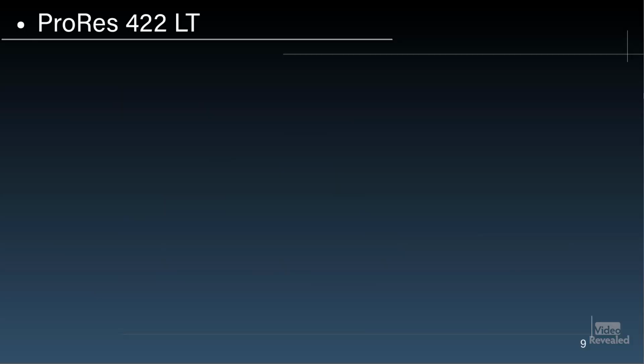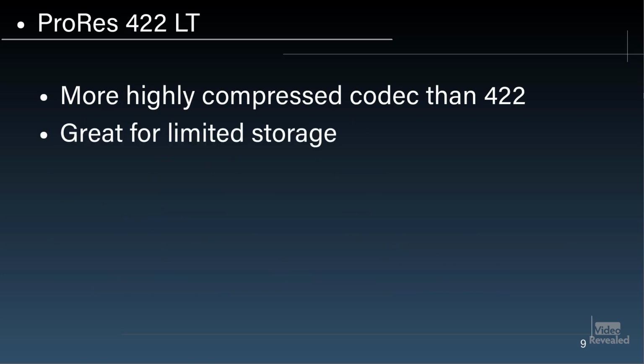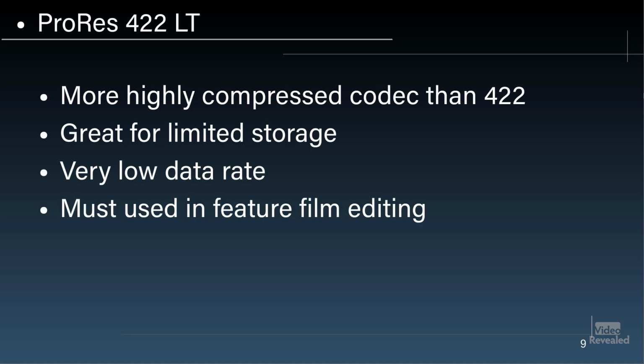That makes a huge difference. It increases the quality of my system. And actually, the Ninja can record RAW, not on the C100, but on tons of different cameras, QuickTime RAW. It's amazing. Now, let's look at ProRes 422 LT, which is more compressed than 422, great for limited storage, low data rate, and it's used a lot in feature film editing, which is a really important fact.